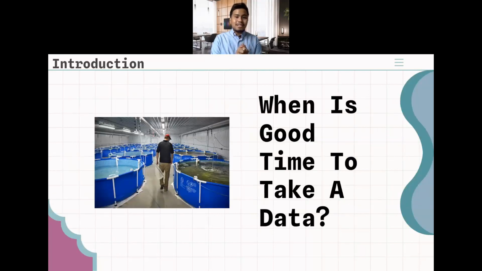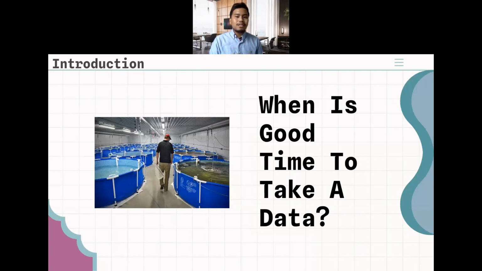Okay, for the last slide of the introduction: when is a good time to take data for water quality of the shrimp tank? The best time to take the data is during routine monitoring intervals or at specific intervals throughout the day. It is recommended to take the measurement at a consistent and predetermined time to establish a reliable baseline for comparison.